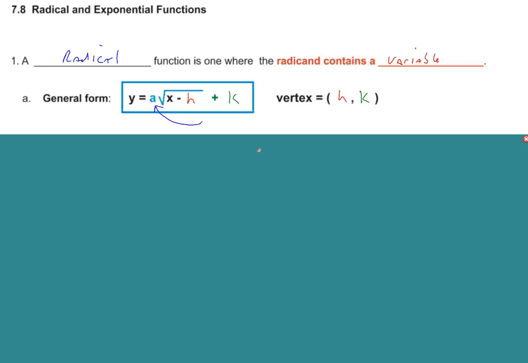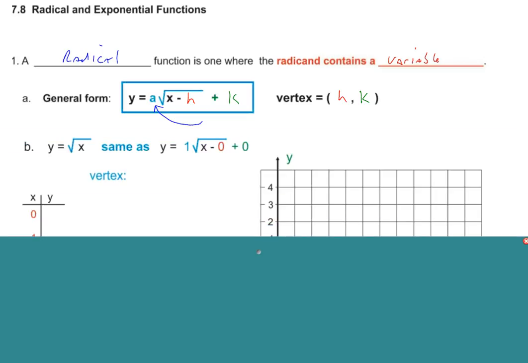Not only a, though. If a were positive, it was what, a max or min? Min. If a was negative, look what happened. From a min, it went to a max, so that is reflected about the x-axis, right? So I wonder if that's going to be the same as well. That's what we need to look through as we go along here.